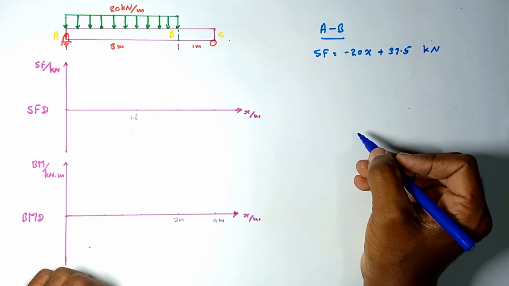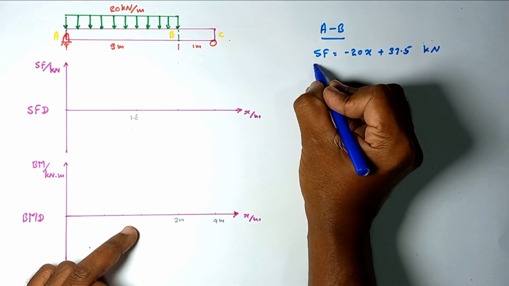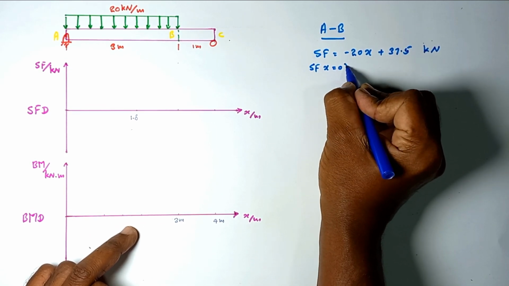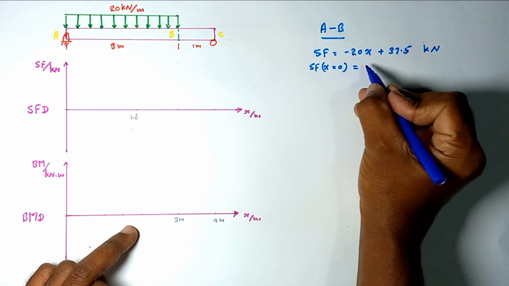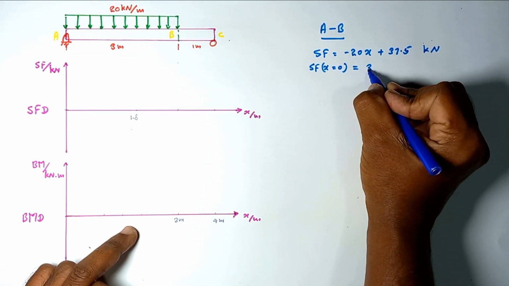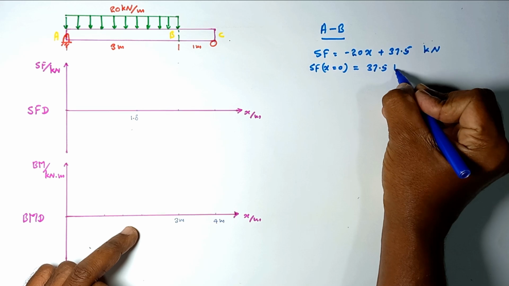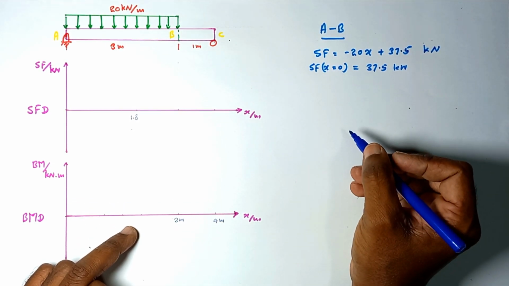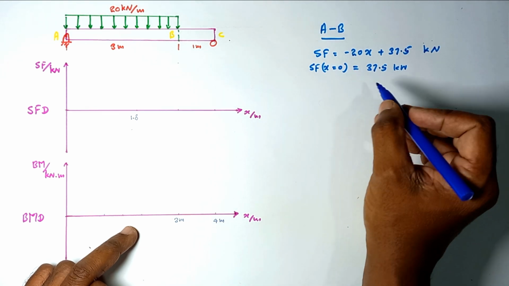At x equal to 0, the shear force value is 37.5 kilonewton.